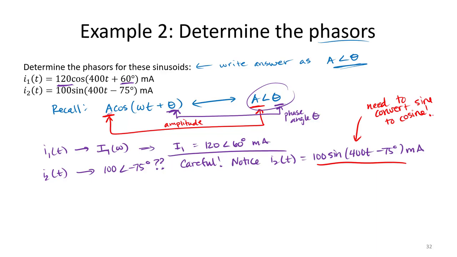And remember, it's pretty easy to do that. We just have to use the trig identity. Basically, you just subtract 90 degrees from the phase angle.